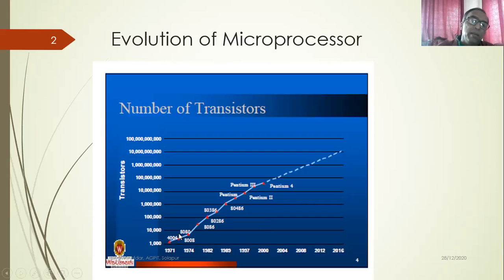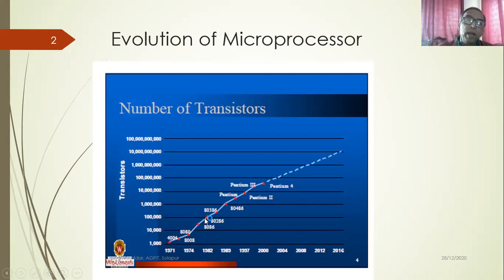Initially, the number of transistors used was 1,000, and the microprocessor series was 4004. Thereafter, when 10,000 transistors were used in 1974, the series was 8080 and 8008. Thereafter, in 1982, we have the developments of 8085 and 8086, wherein 1 lakh transistors were used on a chip.